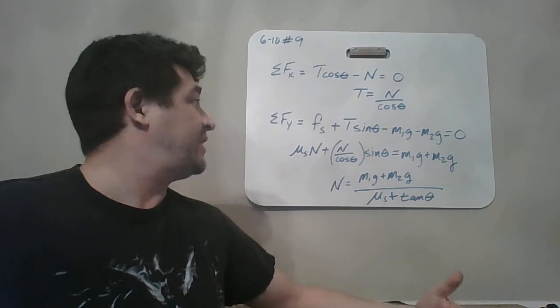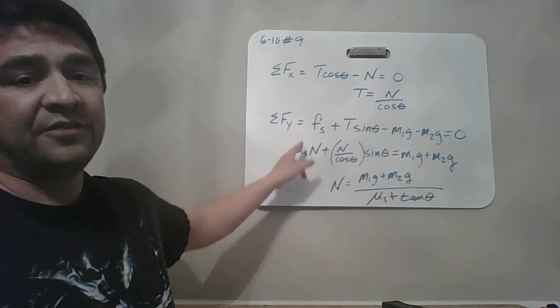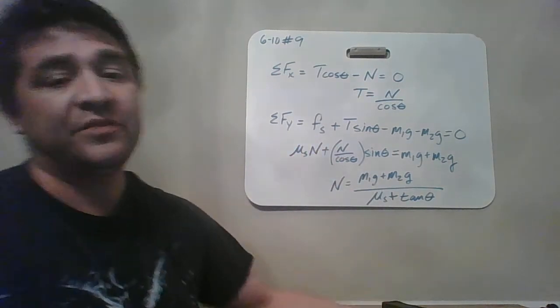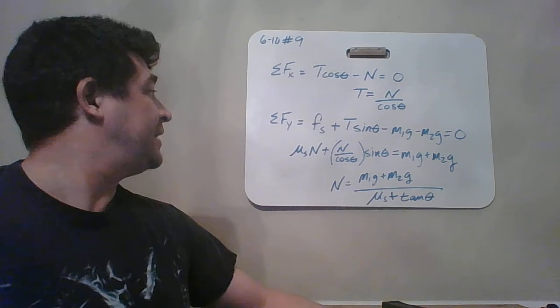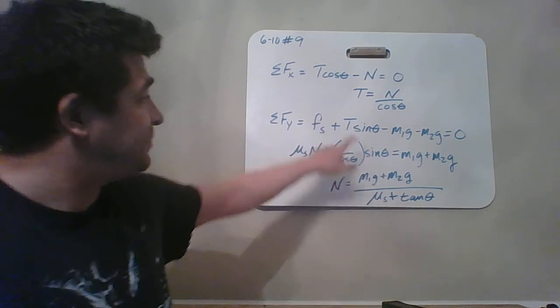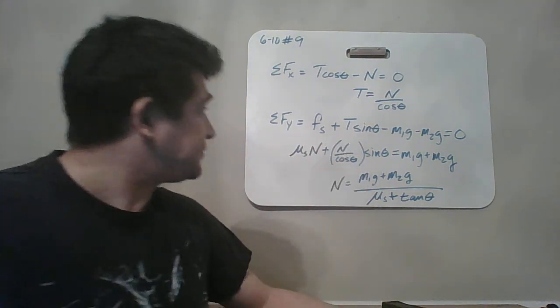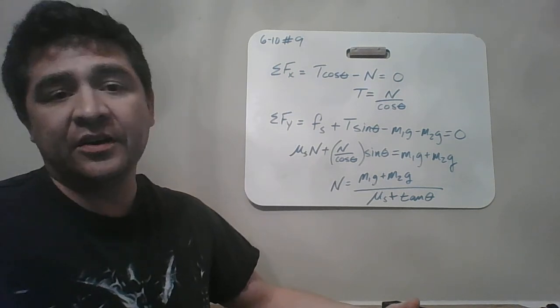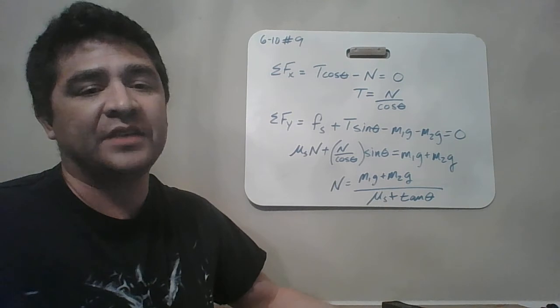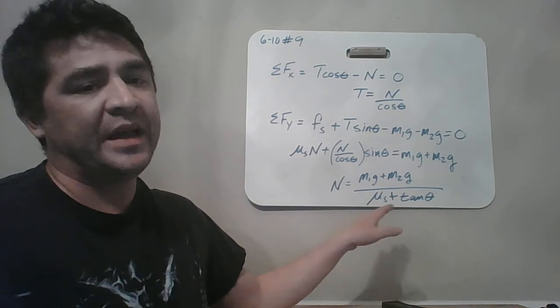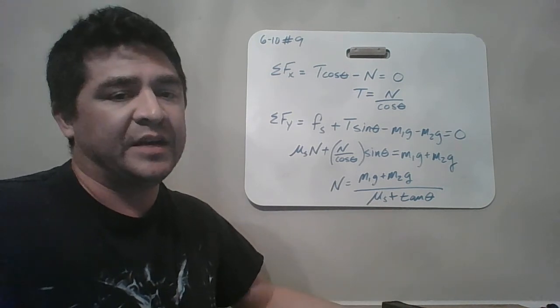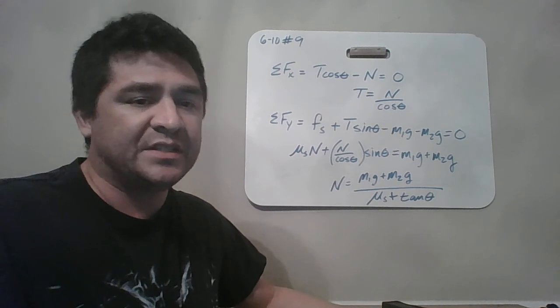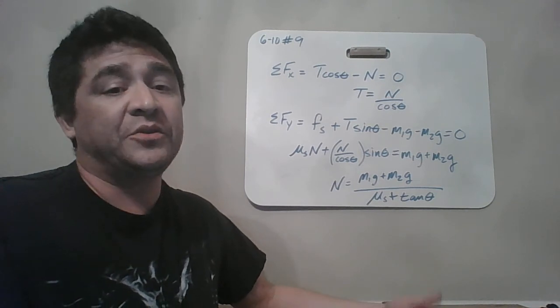Our fourth equation comes from just substituting in static friction as mu normal. So we had 4 unknowns, we got 4 equations. So we have mu normal for our static friction. I'm going to throw in tension there, which is normal over cos theta, so that everything now has normal force. I only got 1 unknown. I can figure out my normal force, a little bit of algebra, weight forces on top divided by mu plus tan theta. That gives me my normal force.